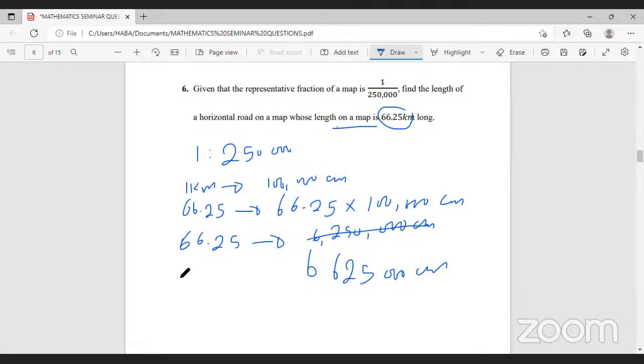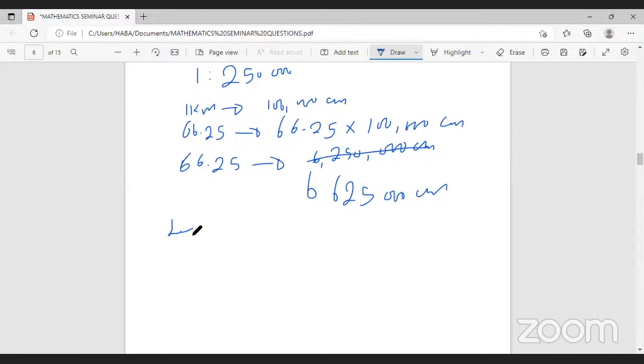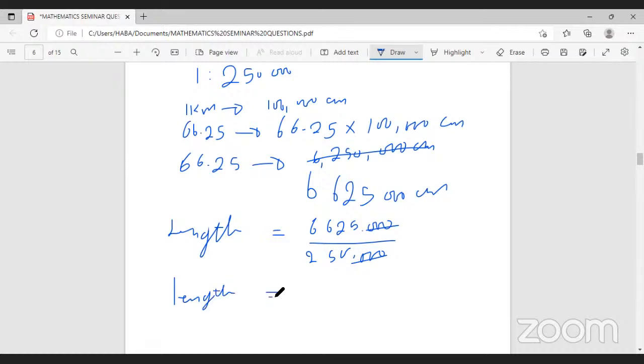So to get our length, it will be equal to this length which we have converted, divided by the scale which we are given, divided by 250,000. Our length will be equal to 26.5.